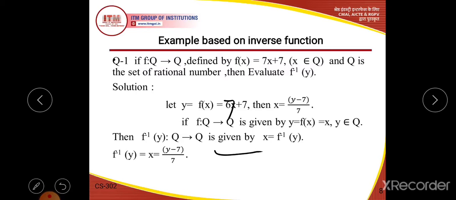The value of f inverse(y) is equal to x, and the value of x we put from here, x = (y - 7)/7. So in this way we have found the value of f inverse(y).